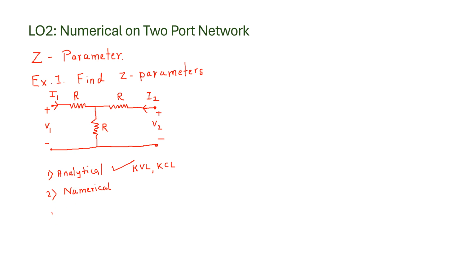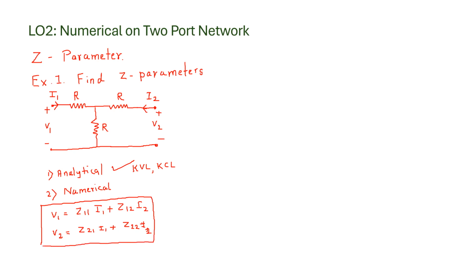We know that V1 is equal to Z11 I1 plus Z12 I2, and V2 is equal to Z21 I1 plus Z22 I2. So these are the equations of Z parameters.